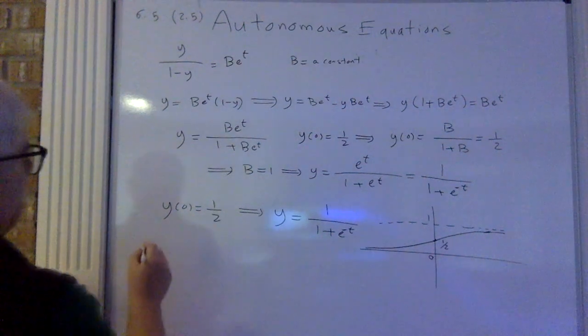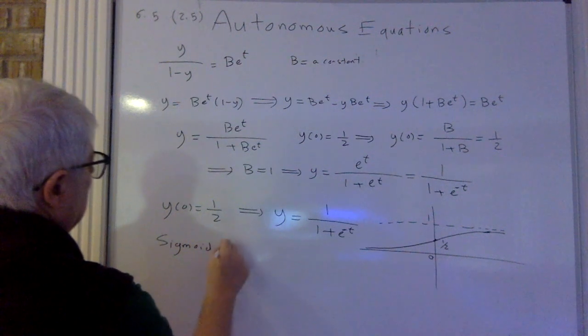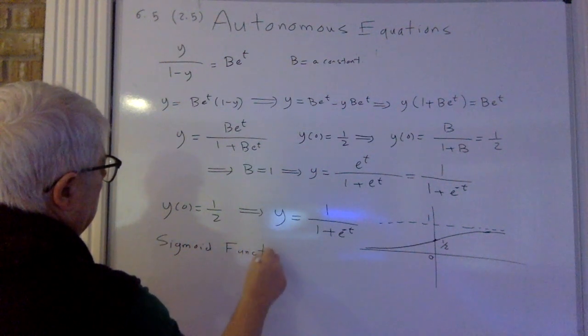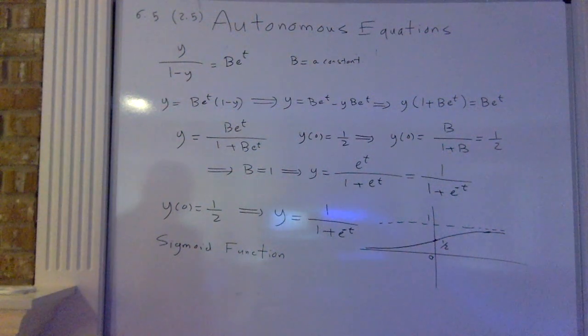So this function is called sigmoid. As you see, its range is between 0 and 1, and it's 1 half at 0. This is used extensively in machine learning as an activation function. Now, why?